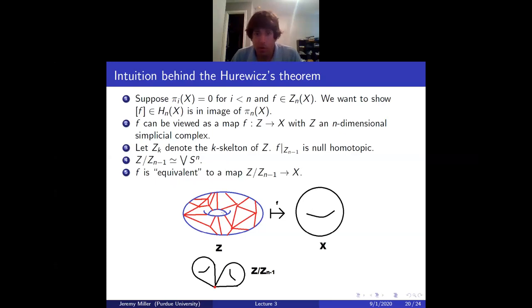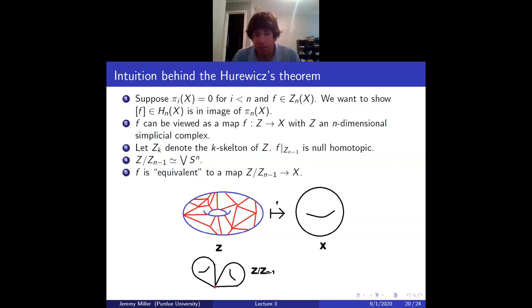Because in the picture n is 2, so we're assuming that pi 1 is 0. So any map from a graph will be null homotopic. So what we can do is collapse the red to a point intuitively, and then that will replace Z with a wedge of spheres, one for each top cell.